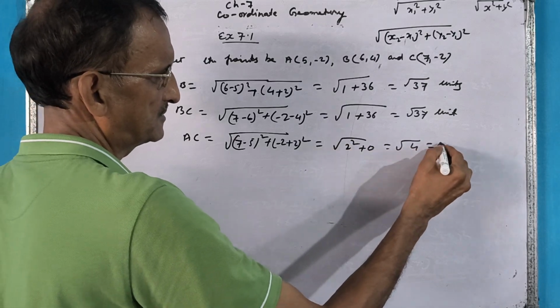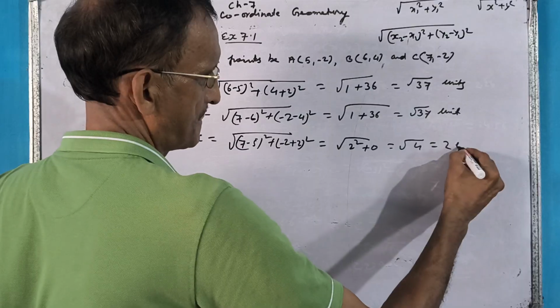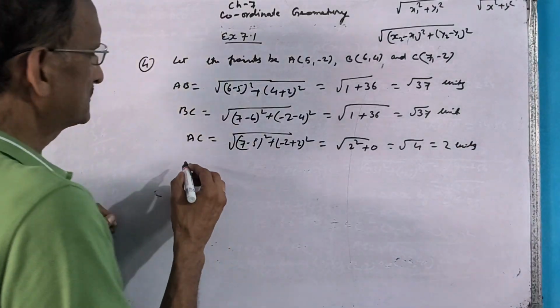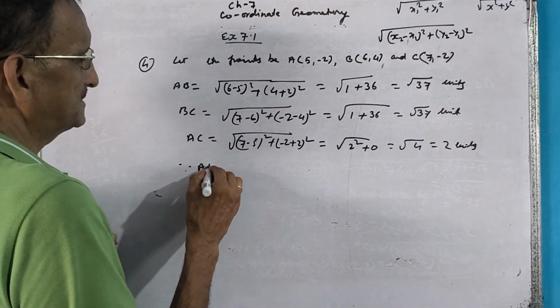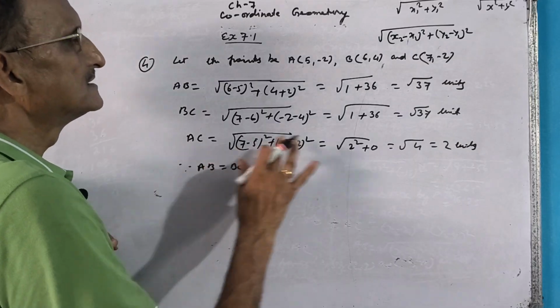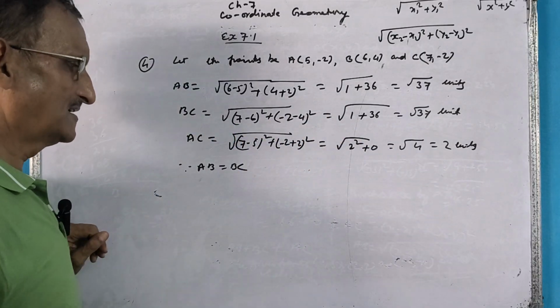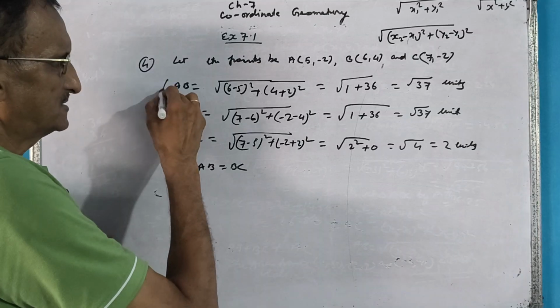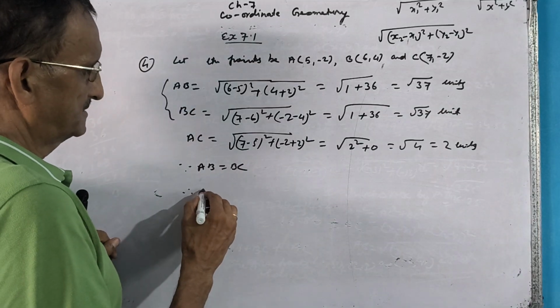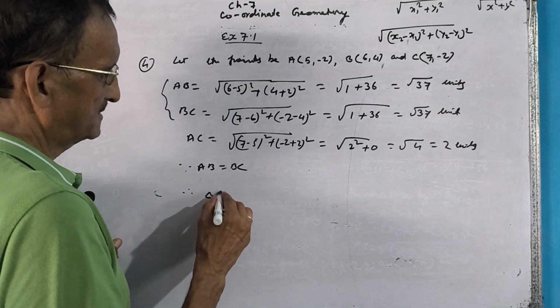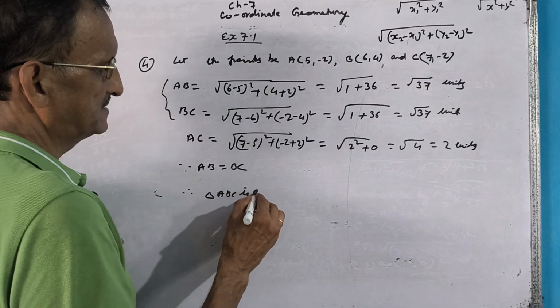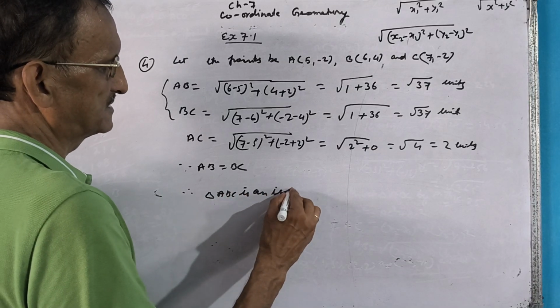So this is 4, equal to 2 units. So what have you got? Since AB equals BC, we need not have calculated AC also. We have just shown that two sides are equal. Therefore, triangle ABC is an isosceles triangle.